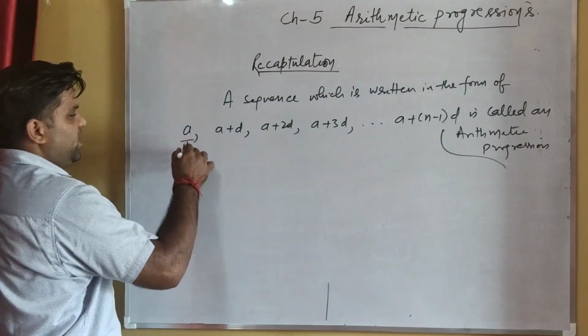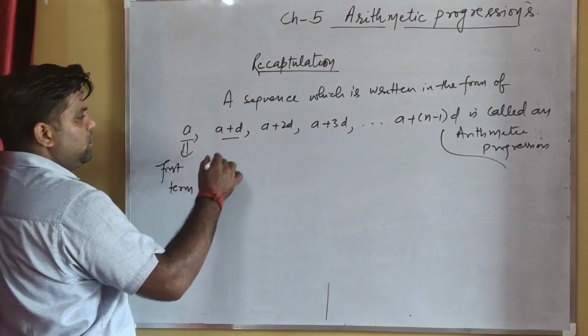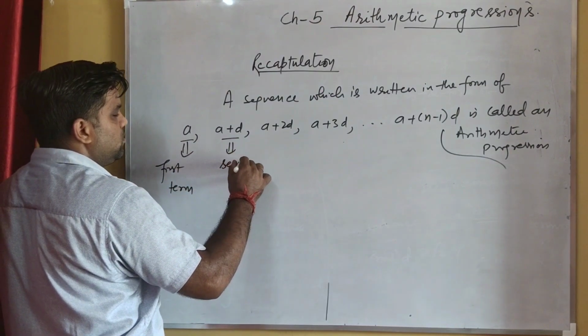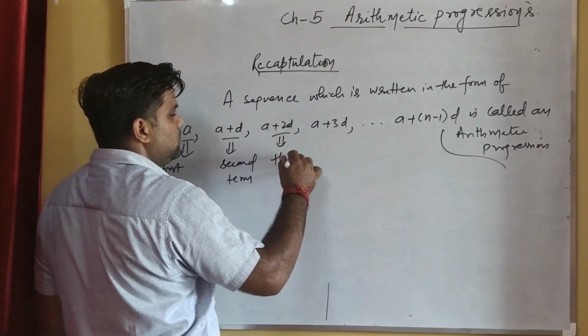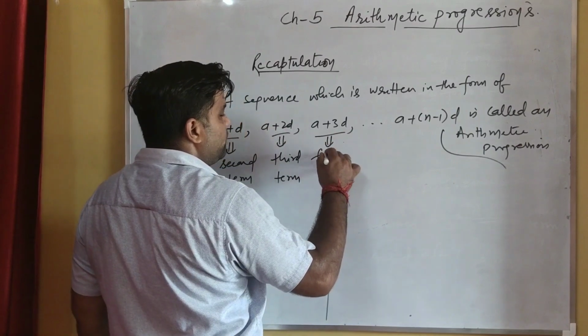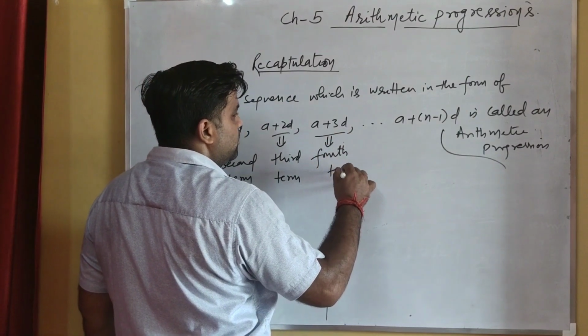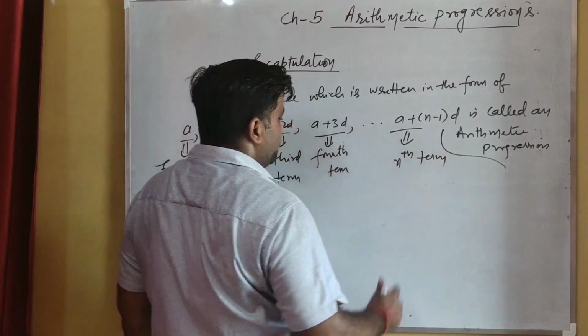Here, this a is the first term of an AP. This is the second term of an AP. It is the third term of an AP. It is the fourth term of an AP. It is the nth term of an AP.